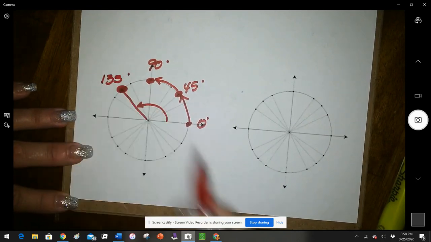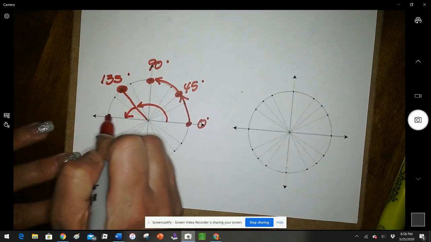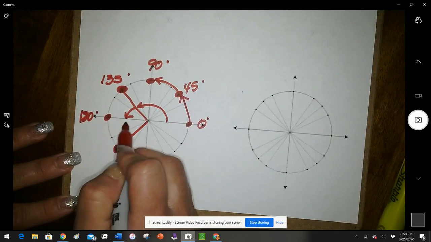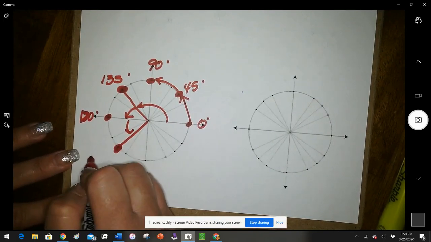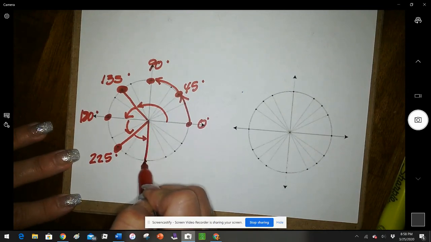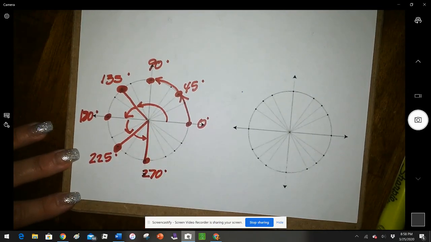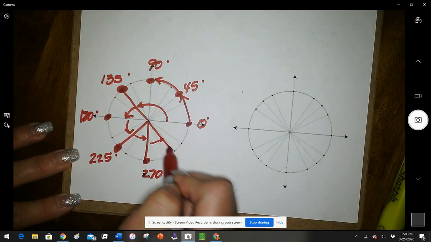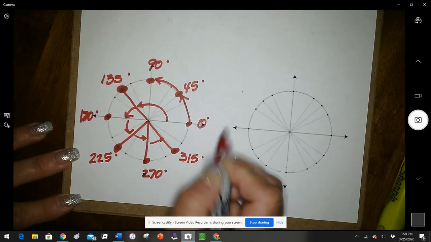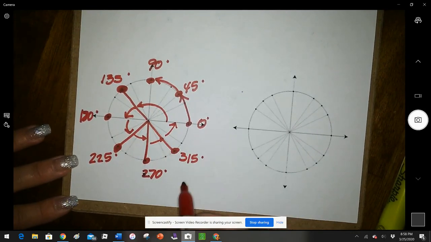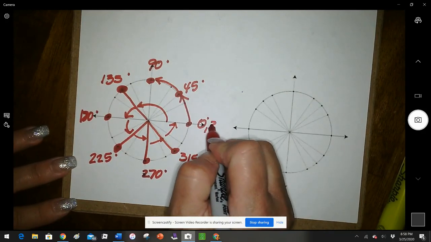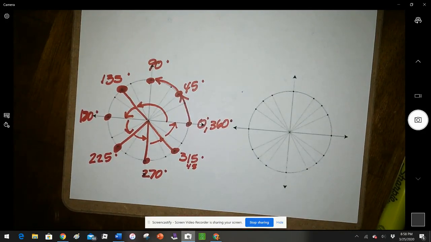If I go another 45, I'm at 180 degrees. Okay. Let's keep going. If I add another 45, I'm going to be at 225. Another 45, I'm going to be down here at 270 degrees. One more 45 degree angle, I'm at 315. And if I went one more time, if I added 45 to 315, I would end up with 360 degrees.